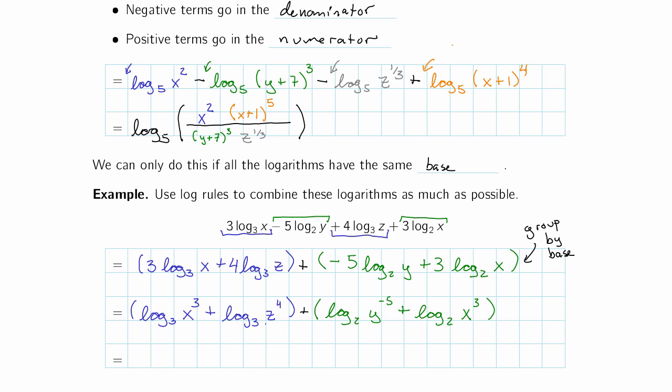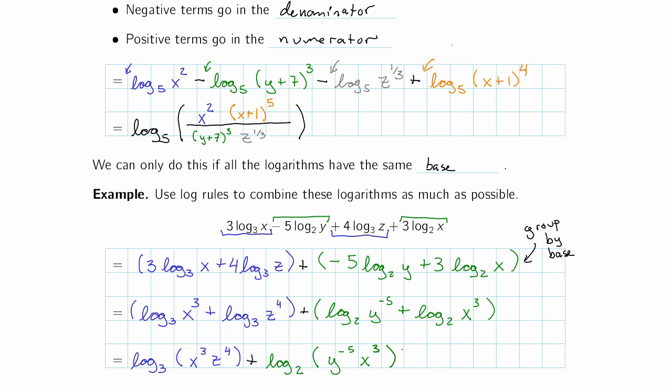So this first group I can combine. I'm adding these, so I'll multiply. I'll have the log of x to the third times z to the fourth. And then over here, I'm adding these as well. So I could write y to the negative fifth x to the third.